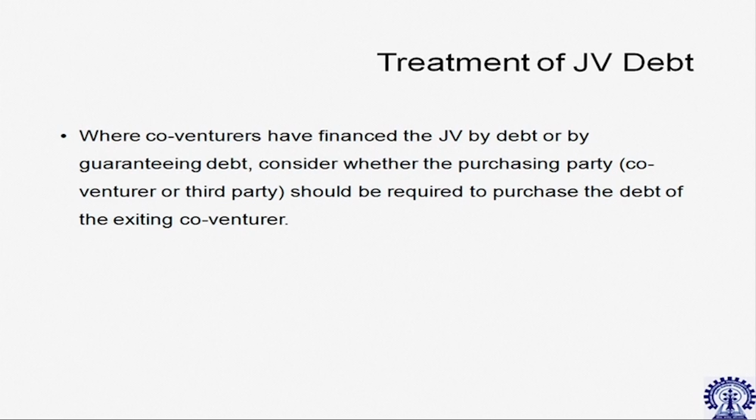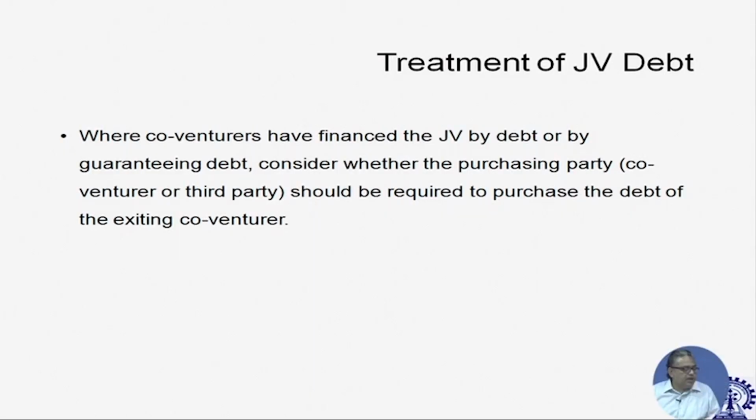Now, the next important thing is treatment of joint venture debt. Where the co-venturers have financed the joint venture debt or guaranteed the debt, while purchasing the shares from the co-venturers, they need to purchase the debt also.